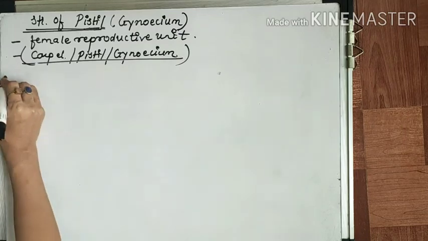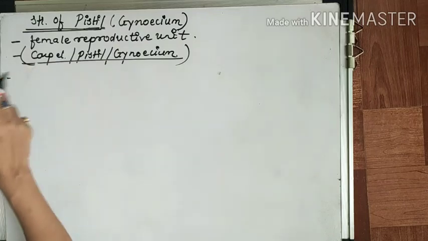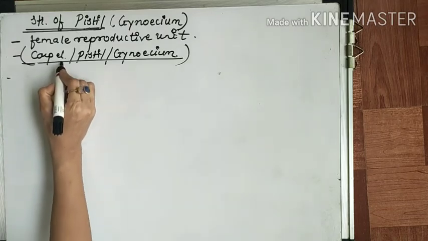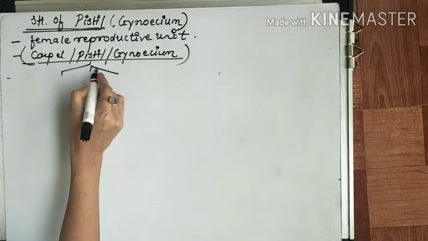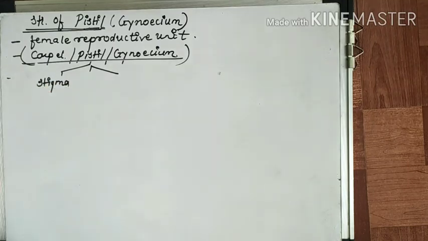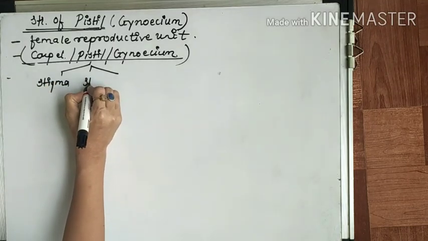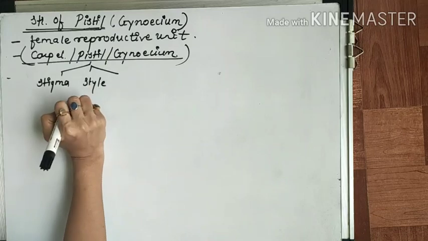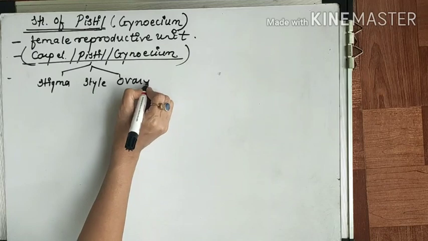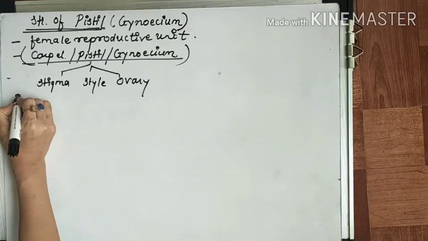So basically, you know that carpel is nothing but the pistil, right? So pistil has three parts. Those three parts are stigma, the upper part; the middle part is called style; and the lower basal part is called ovary, and the structure is like that.